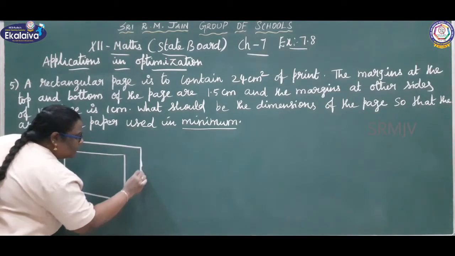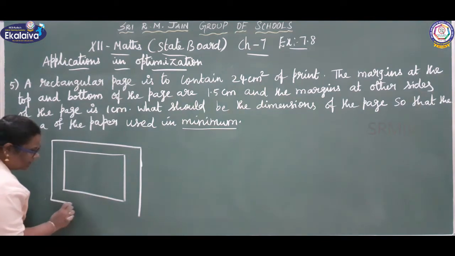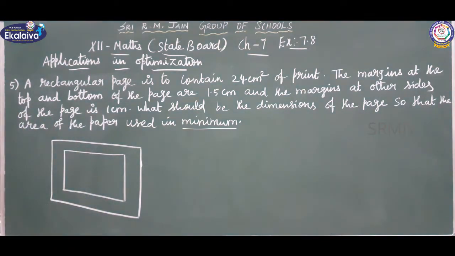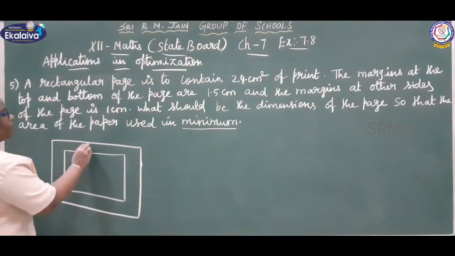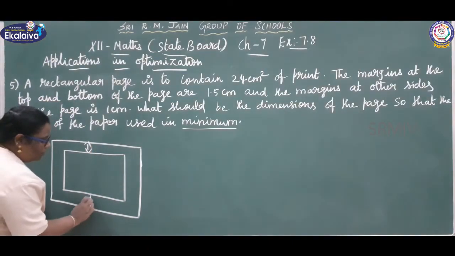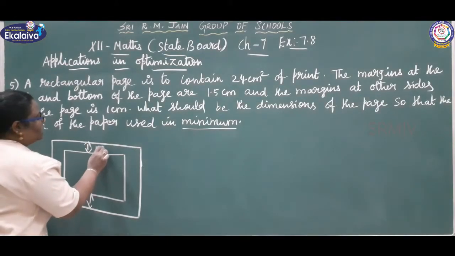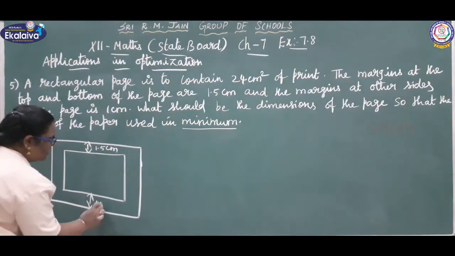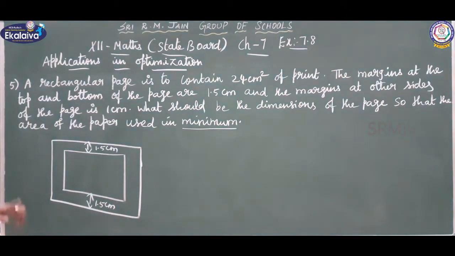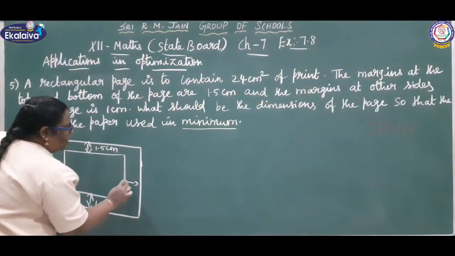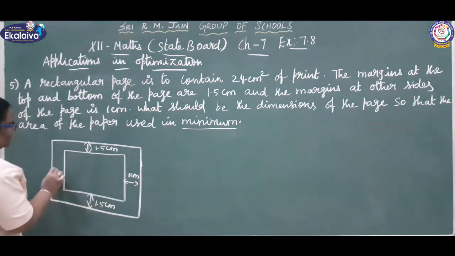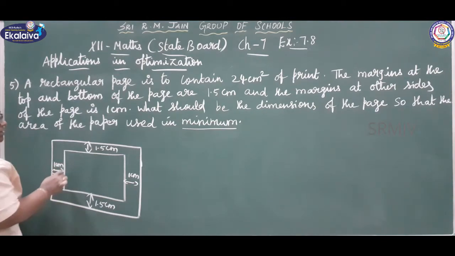The margin at the top and bottom, this is top and this is bottom, of the page is 1.5 centimeter, and the margin on the other sides is 1 centimeter.